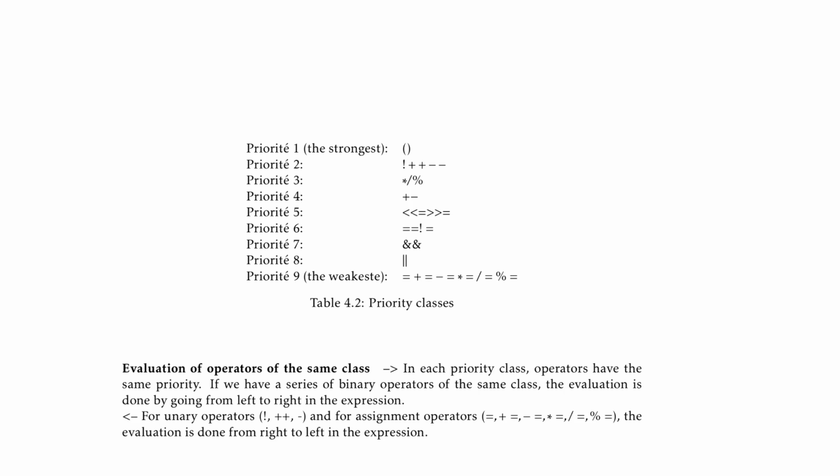Just note that operators belonging to the same class are treated in order from left to right, except the unary operators like row 2 and row 9, which you evaluate from right to left.